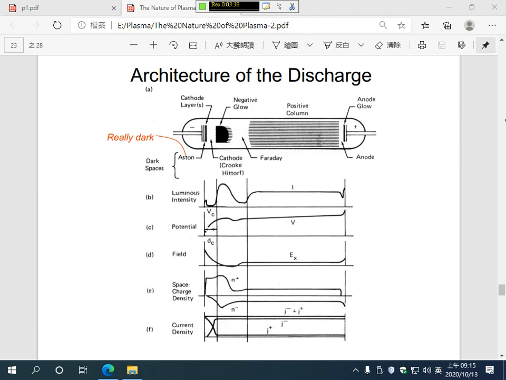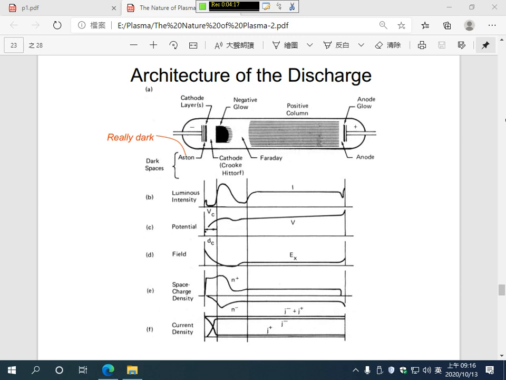And the length of the cathode zone is labeled D sub C. The potential drop falls in just this very short region. If we divide V sub C by D sub C, we get the electrical field in the cathode zone, which is very large.